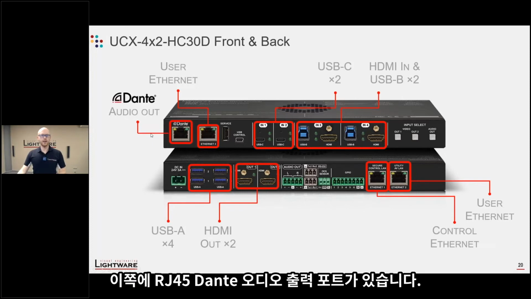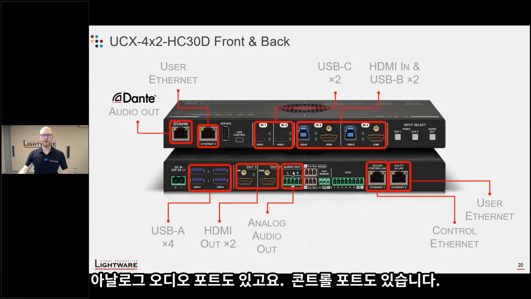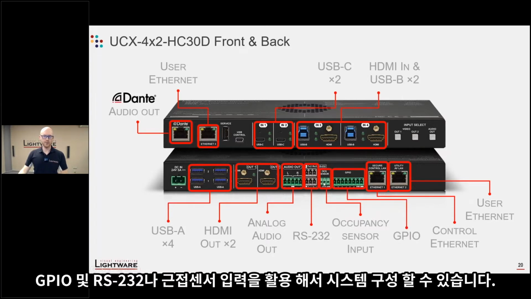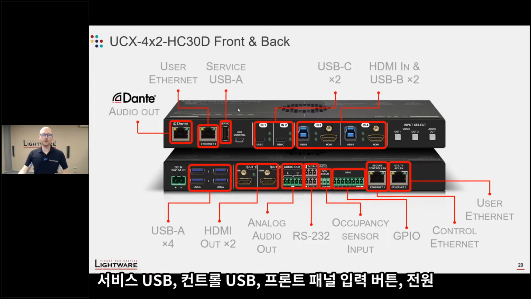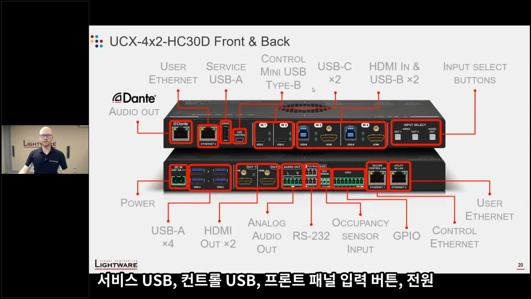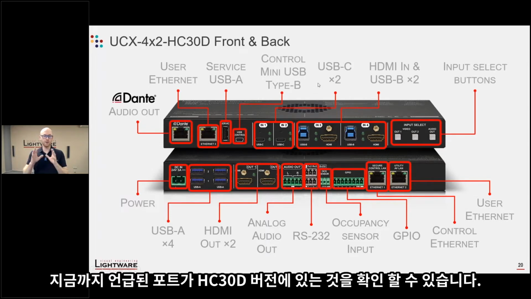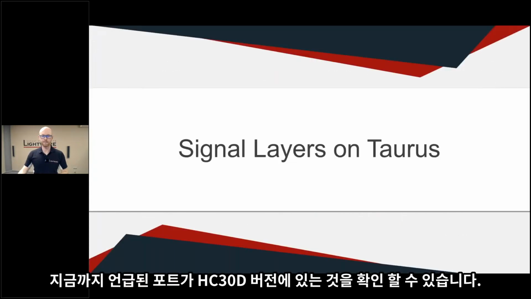The Dante connector, dedicated RJ45, audio out, 5-port Phoenix, and the control ports, GPIO, a dedicated occupancy sensor port, and 2 RS-232 ports, service USB and control USB, front panel buttons, and DC input connector. So those are the ports on this fully featured HC30D version.